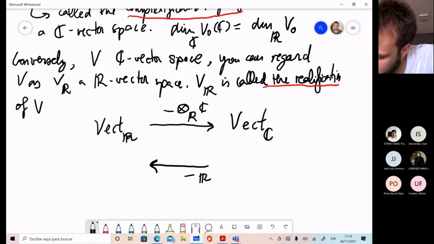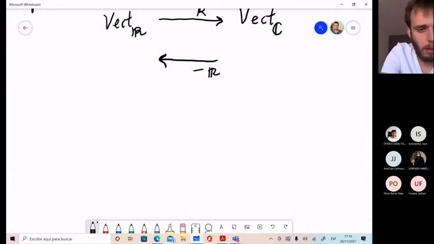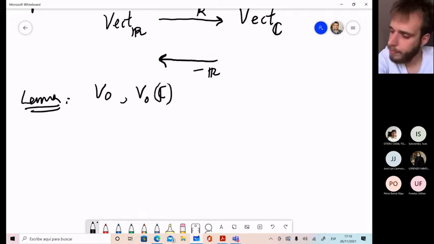Okay. So the first thing that I want to tell you is this lemma. Take a real vector space, V naught, and take its complexification.